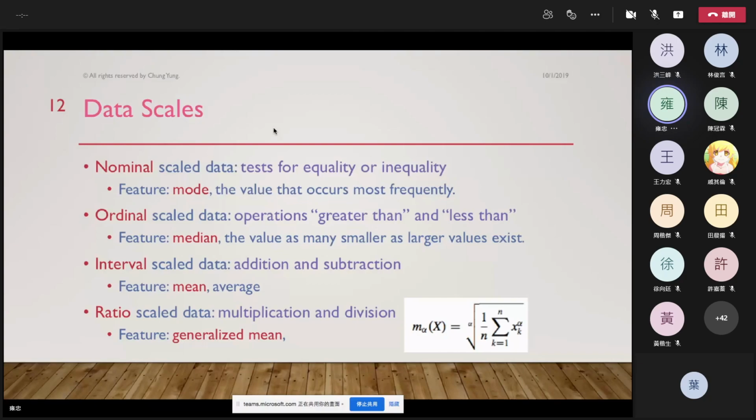For example, if we have 99 numbers in the set, the median is the value of the 50th largest or 50th smallest, the middle one. Since we can compare greater than and less than, we can do sorting. If we sort the data set, the number at the middle position of the array is the median.